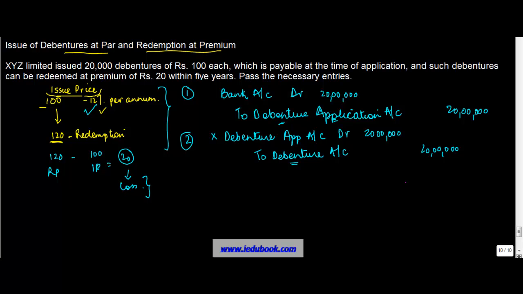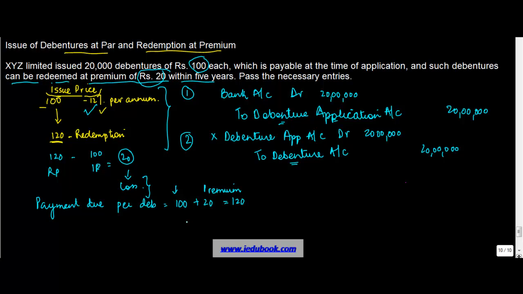Now, I have been told that such debentures can be redeemed at a premium of 20 within 5 years. So a 100 rupee debenture has to be redeemed at a premium, at 120. So how much do I pay per debenture? Payment due per debenture is equal to 100, which is the issue price, plus 20, which is the premium, or 120.